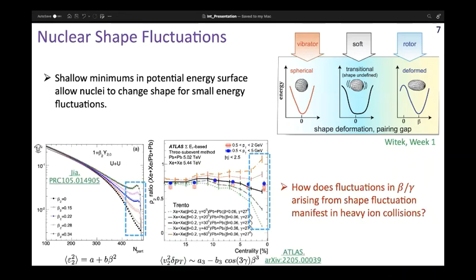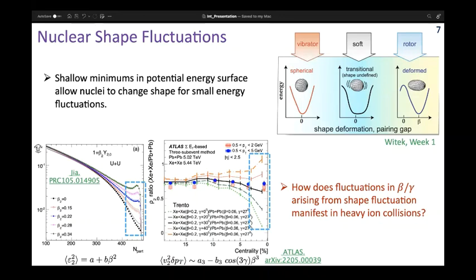For this presentation, I'm simply going to talk about only quadrupole deformations, which are parameterized by the parameters beta and gamma. So in these two lower left plots, what they have shown is a static deformation. Right now in these plots, they have inputted some fixed value of beta and some fixed value of gamma, and they allow no fluctuation.